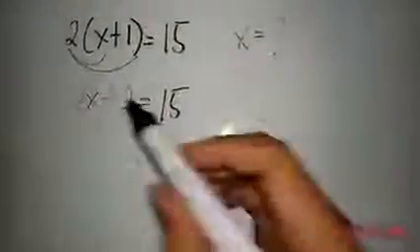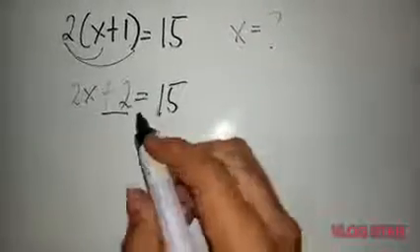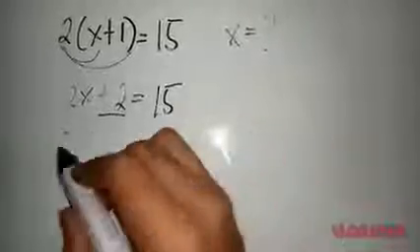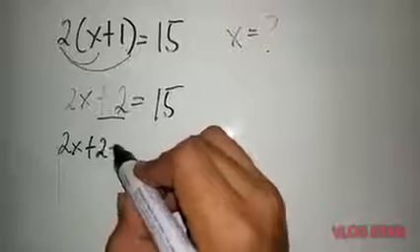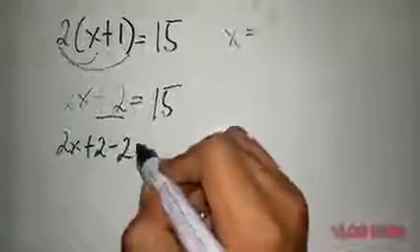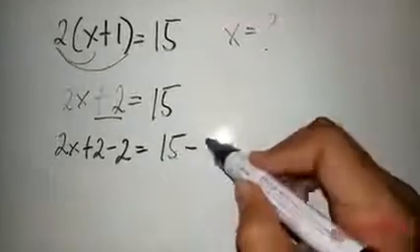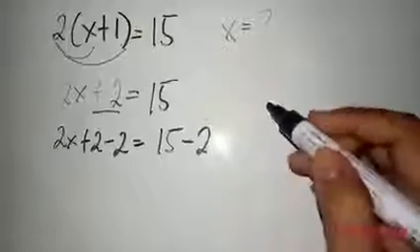Then after that, we have to transpose this term into the other side. So get the additive inverse of 2, and the additive inverse of 2 is negative 2. So 15, the additive inverse of positive 2, negative 2.